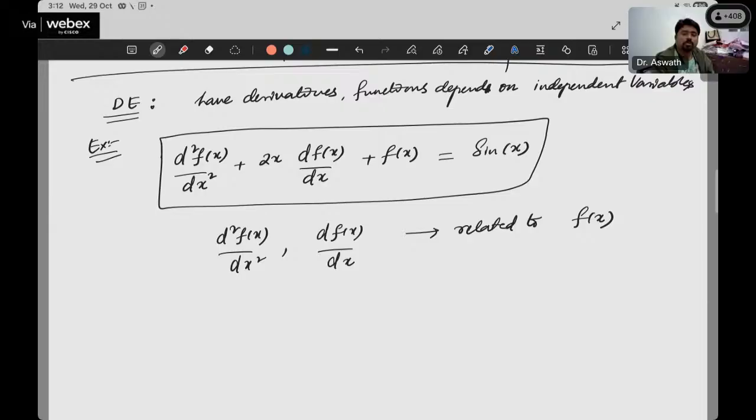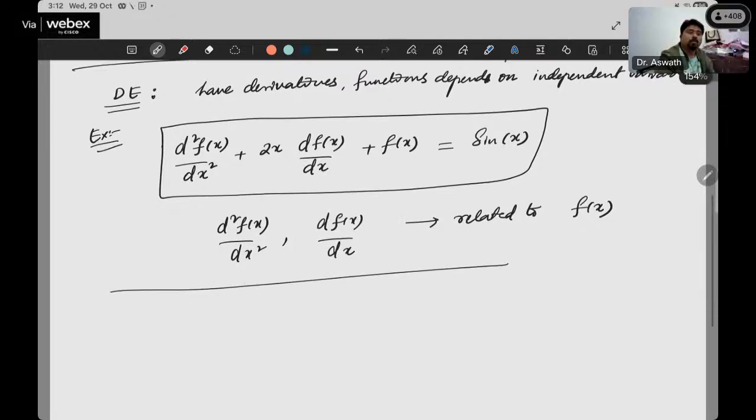Let me simplify this. Let me take some function, dy of x by dx is equal to y of x. The simplest case.